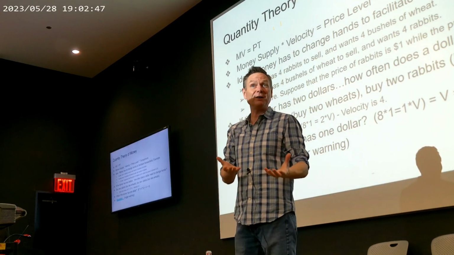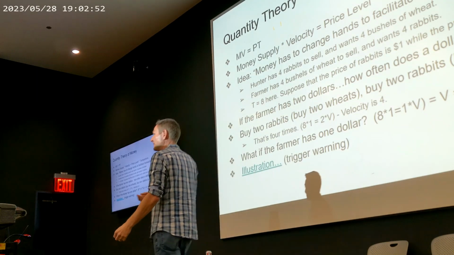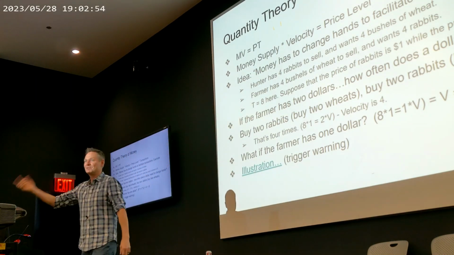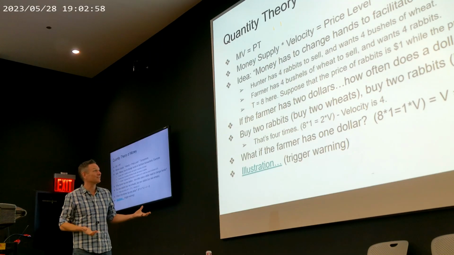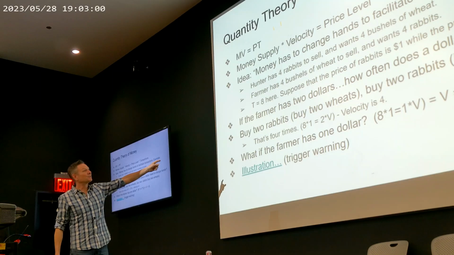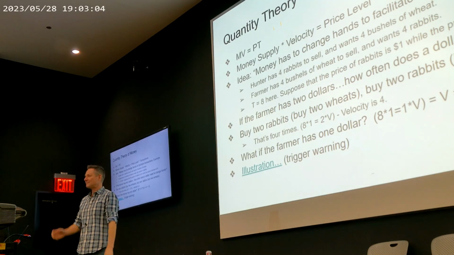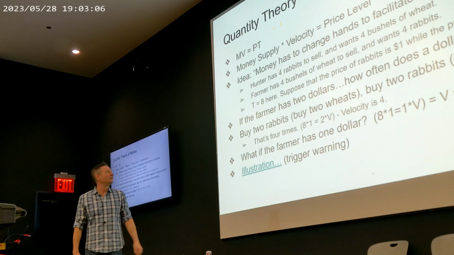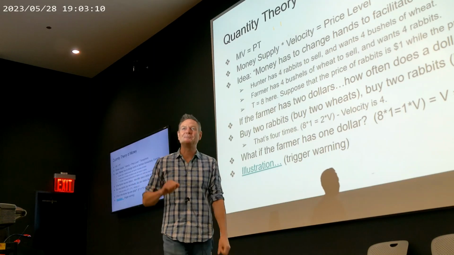You might pose it that way. What this means is something like the velocity: how frequently does the money change hands to finance the transactions in the economy? So if the farmer starts off with $2, well, you can think about it this way. The farmer can buy 2 rabbits, each at $1 a piece.